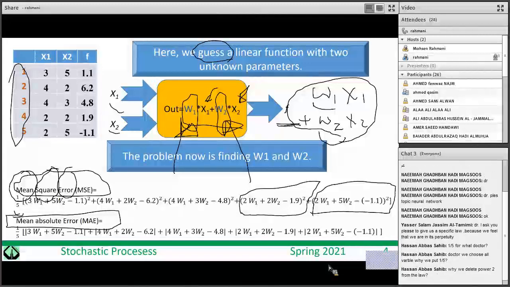Now we have another error function, which is mean absolute error. Mean absolute error is the average of the difference between the output and the desired output.